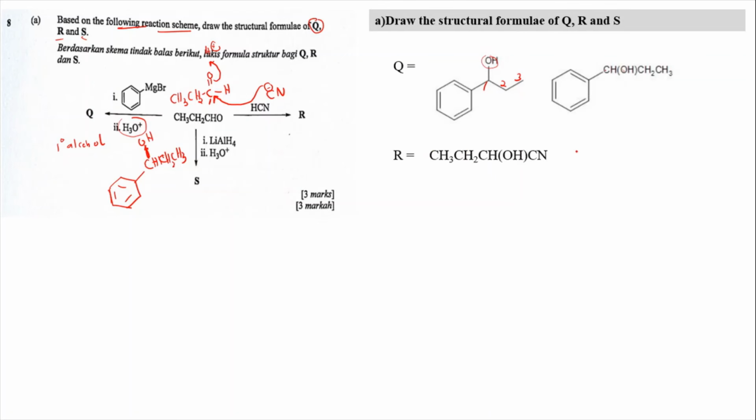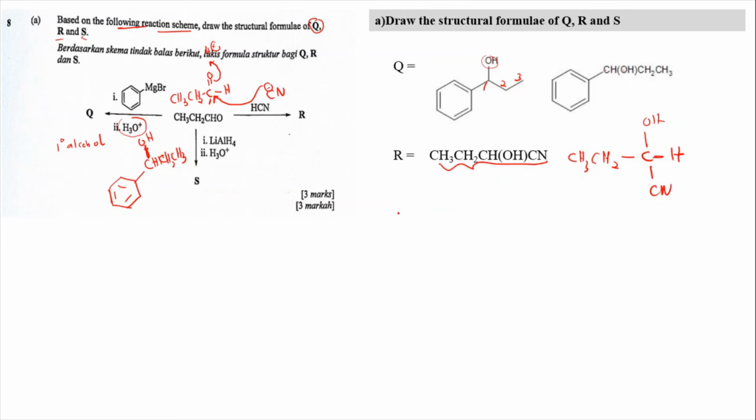Okay, so you can also draw it as CH3, CH2, C, CN because CN enters, and the double bond O is going to become OH, and then hydrogen. Okay, or you can also put it in terms of this way. It is still the same.